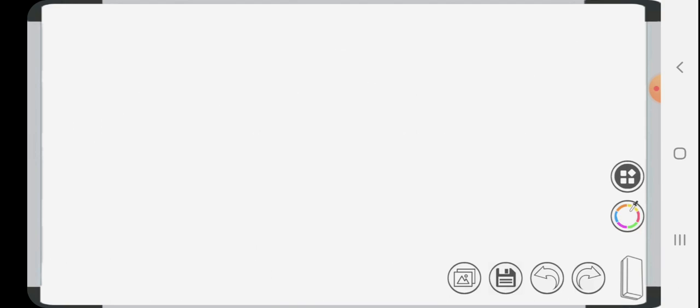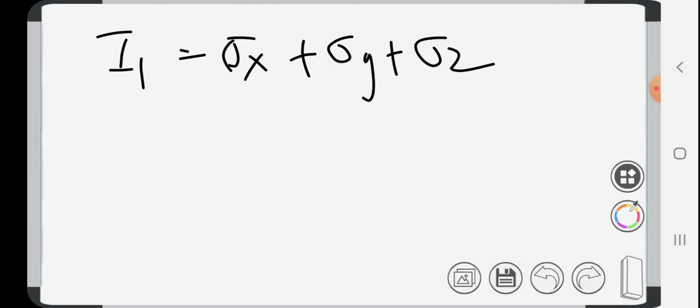I1 is nothing but sigma xx plus sigma yy plus sigma zz.